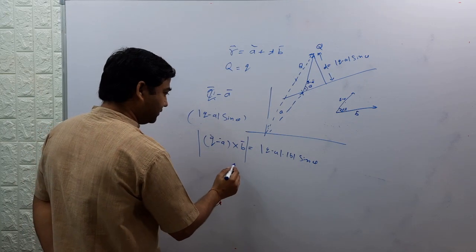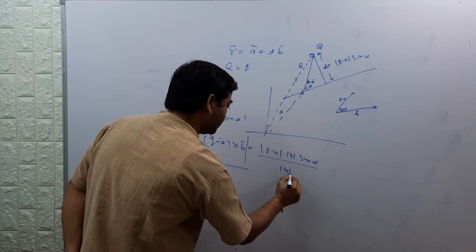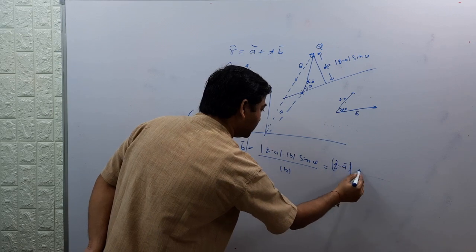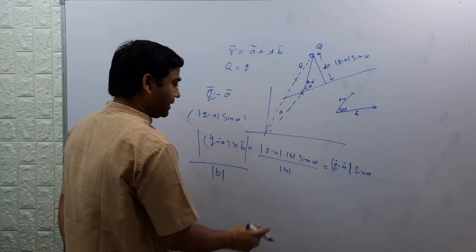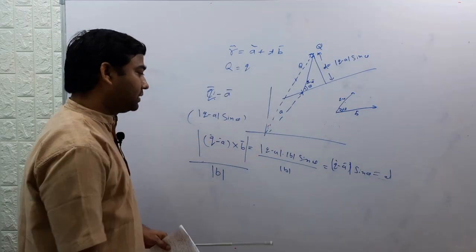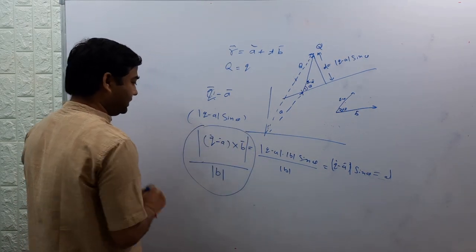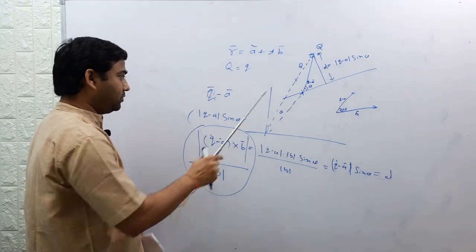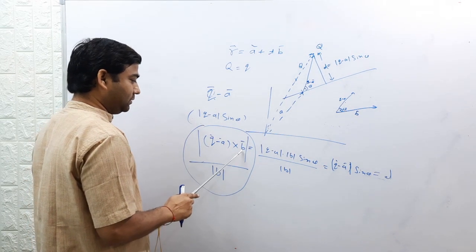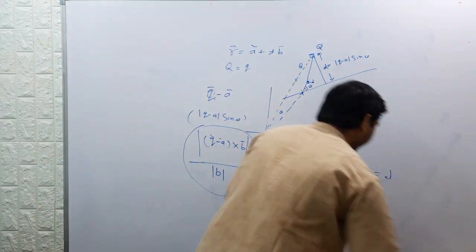Just divide both sides by mod of b. So this is mod of (q minus a) sin theta, and (q minus a) sin theta is the perpendicular distance D from the point to the line. So this expression gives the perpendicular distance from point Q, whose position vector is q, to the line which is parallel to vector b and passes through the point a.